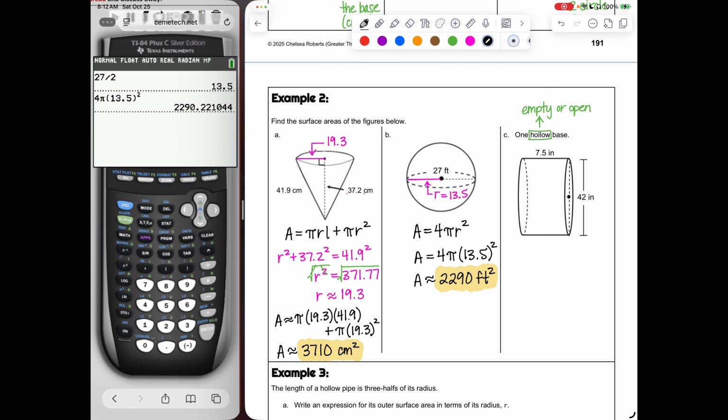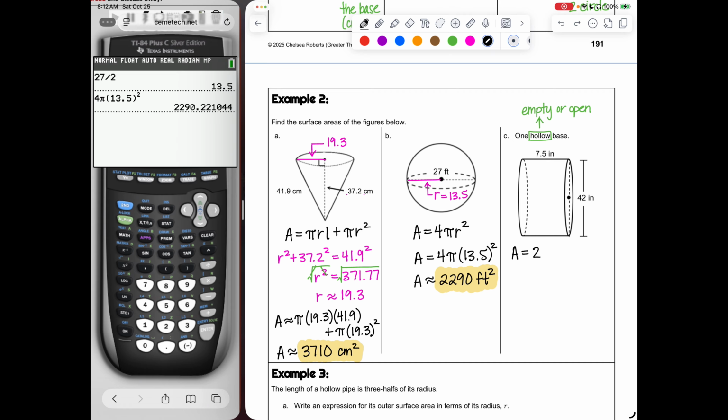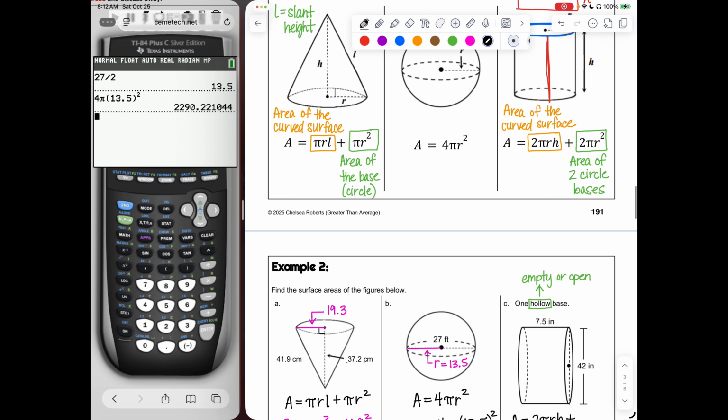So remember, the surface area formula for a cylinder is going to be that the surface area is equal to 2 pi r times h plus, we don't have 2 pi r squared anymore because we don't have two circles if it's hollow.